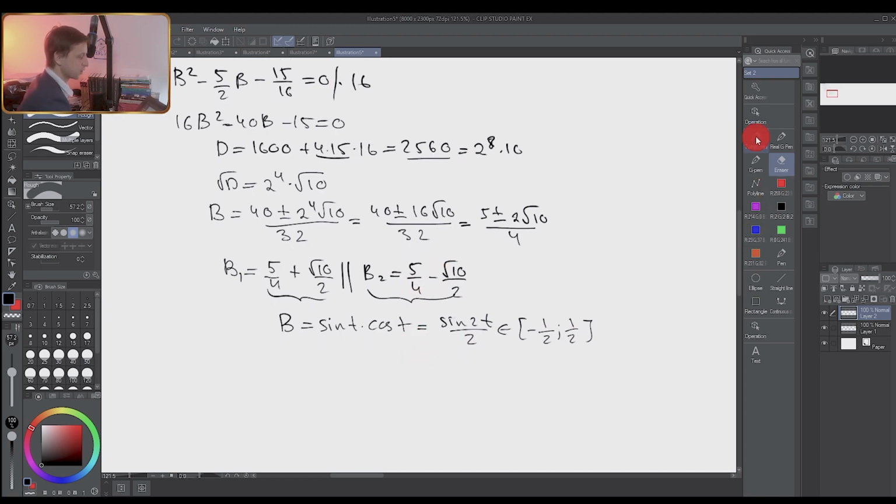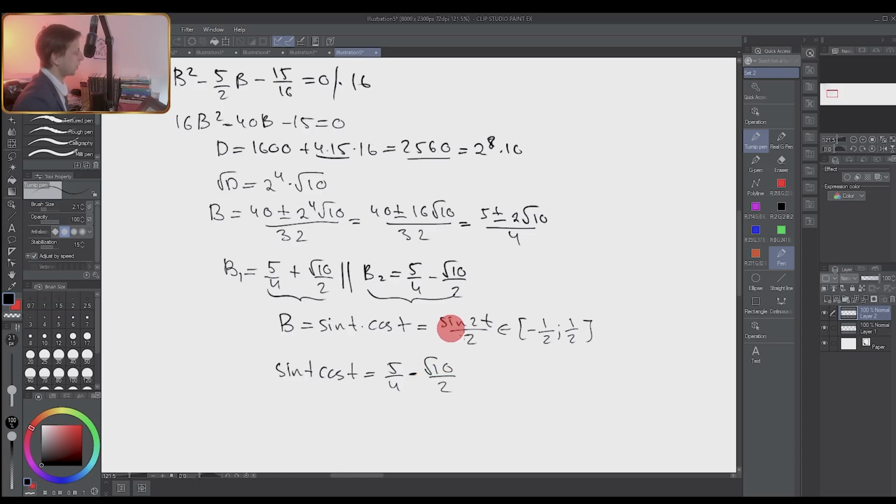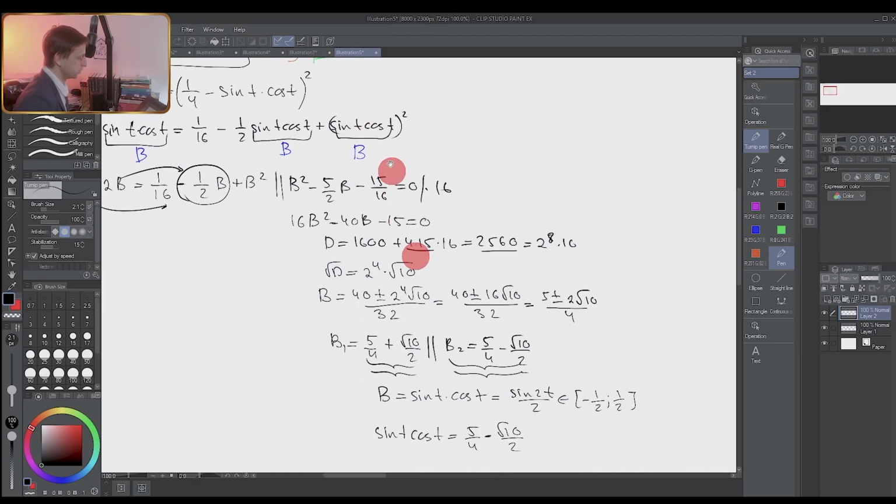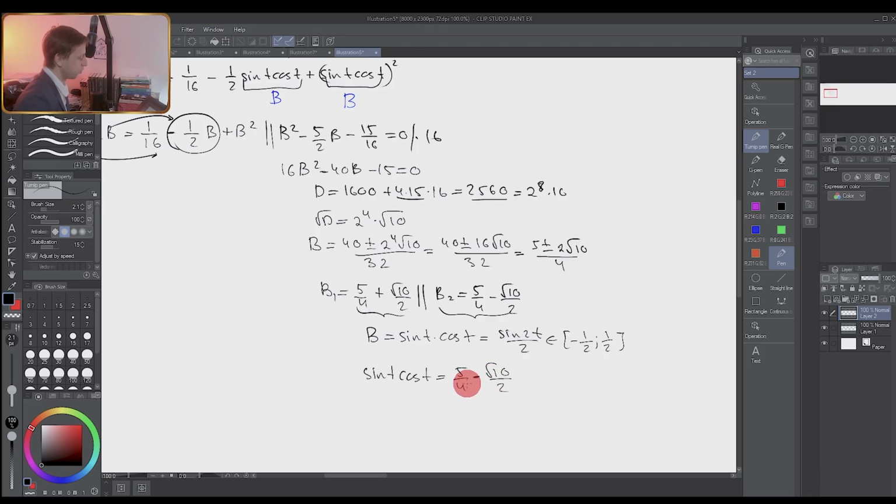It means that sine t times cosine t equals 5 over 4 minus square root of 10 over 2. And let's remember our golden equation that we had here, that this is an equation where we can find a. So sine of 2t is exactly double of this one.